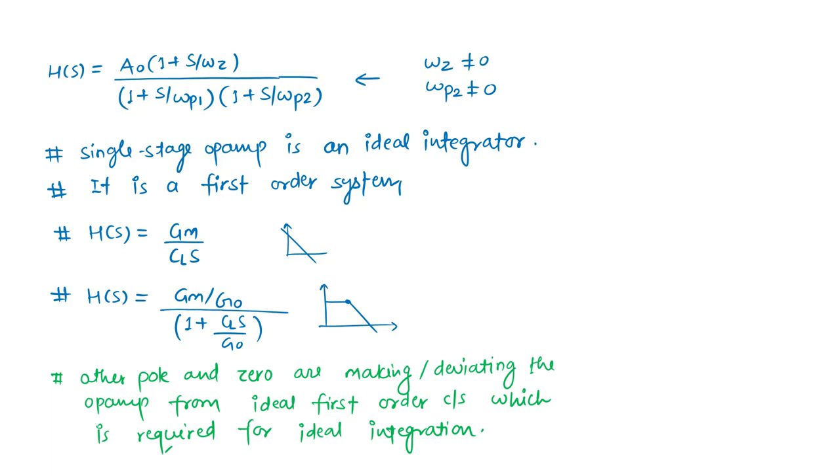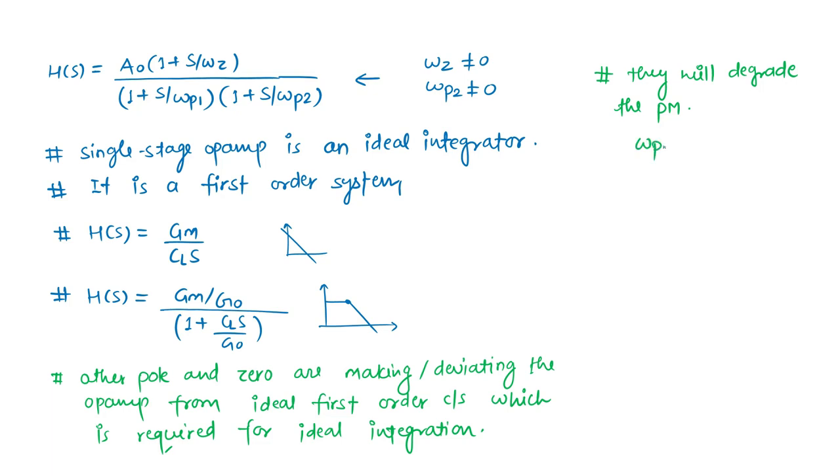So what is the problem actually? The problem is that they will degrade the phase margin. How they will degrade, we'll see. So what ideally should be there?